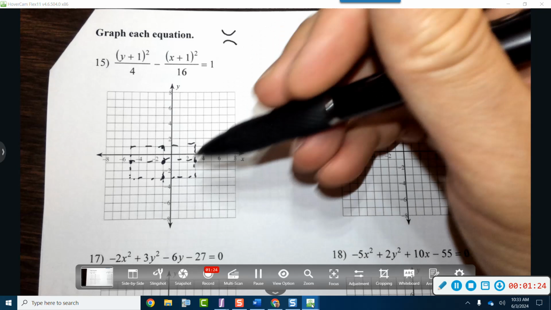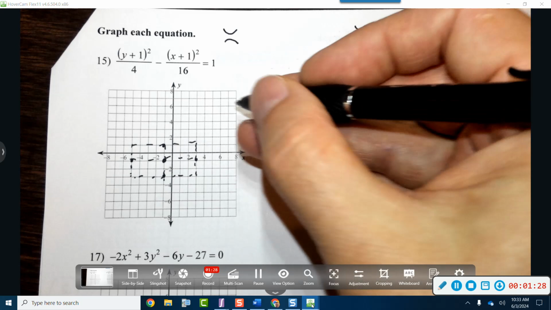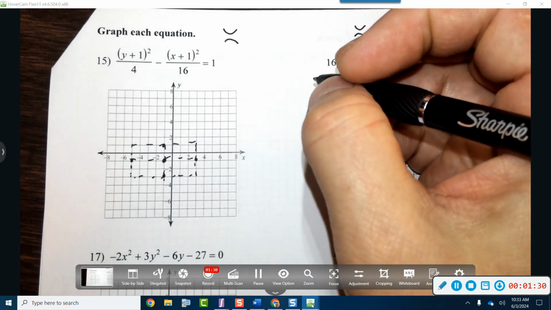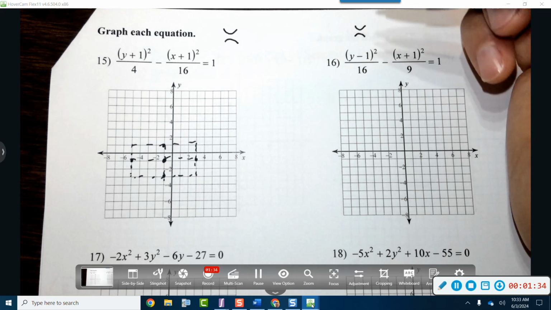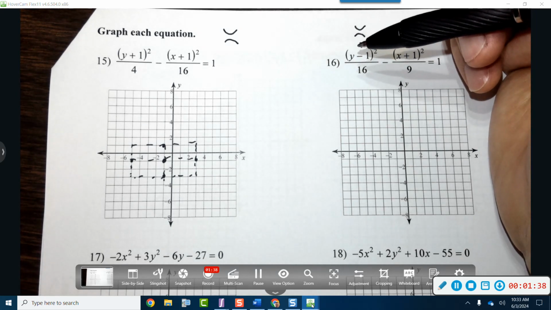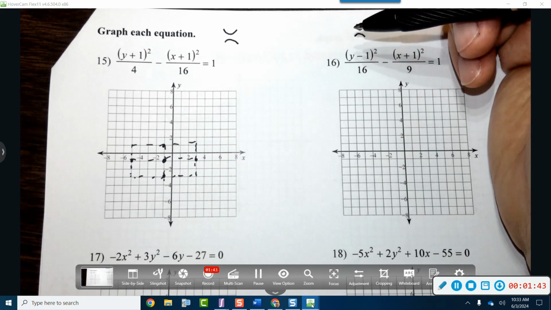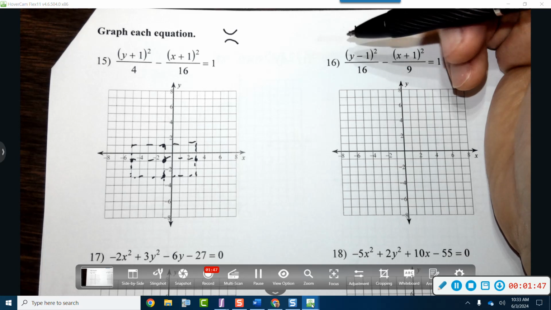One of the things that's going to happen here is that in number 19, this kind of slipped by me. There are 2 vocabulary words that we didn't really use here. Whenever you have a hyperbola, there's something called the conjugate axis and the transverse axis. The transverse axis is the axis that has the vertices, okay?